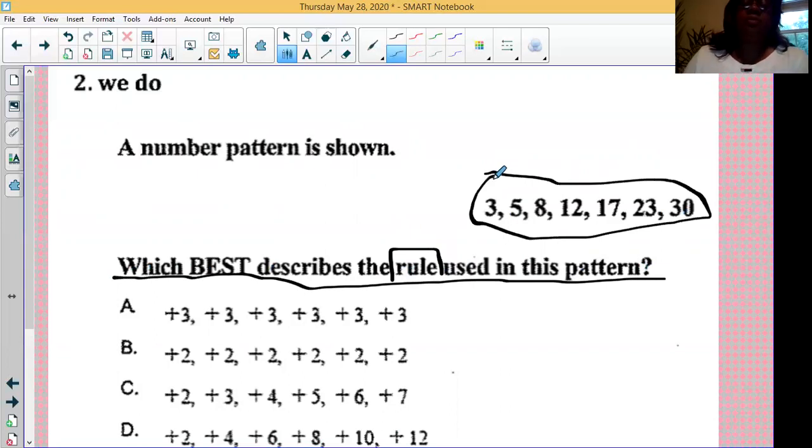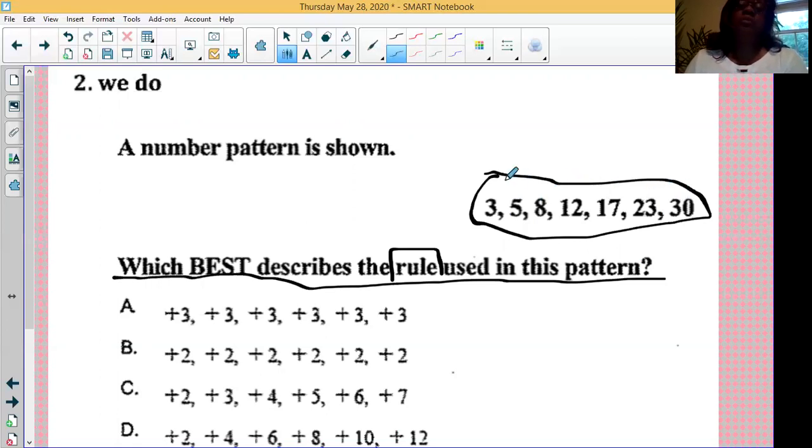Okay. So when you look at the number 3 and you go to the number 5, is it increasing or decreasing? You're right, it's increasing. When I go from 5 to 8, is it increasing or decreasing? Increasing again. 8 to 12, increasing. 12 to 17, increasing. 17 to 23, increasing. 23 to 30, increasing.